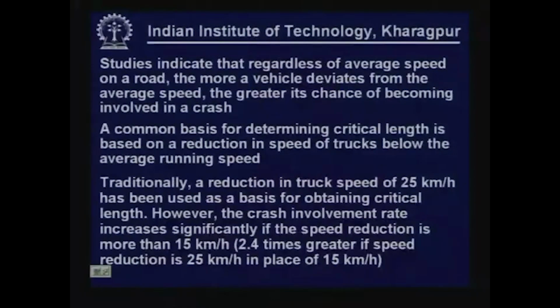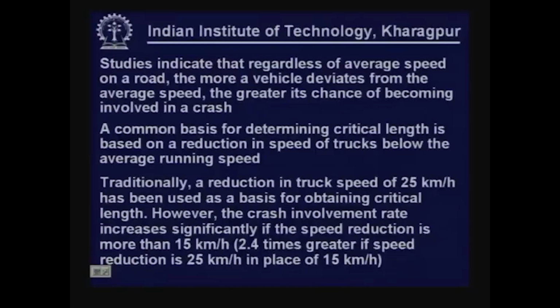Once it is mentioned that the more a vehicle deviates from the average running speed, the more is the possibility of its getting involved in a crash, then while we are trying to understand the critical length of grade, a common basis is recommended: the reduction in speed of trucks below the average running speed, to control that deviation.